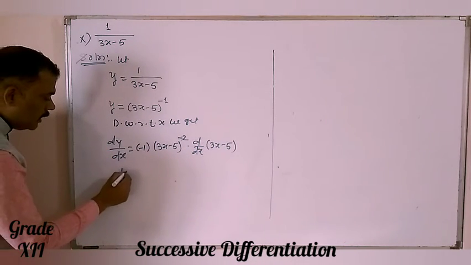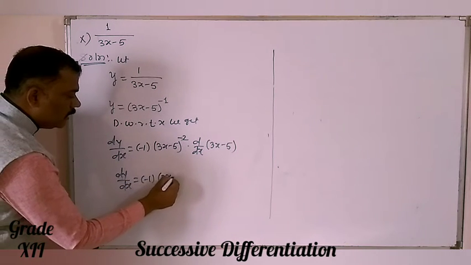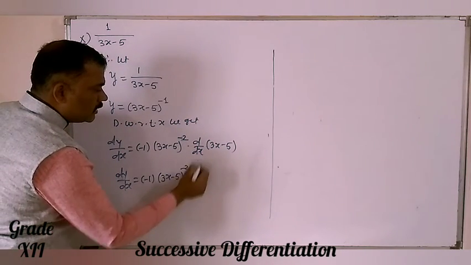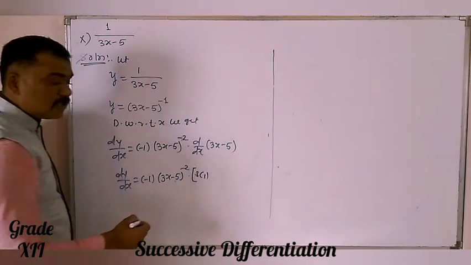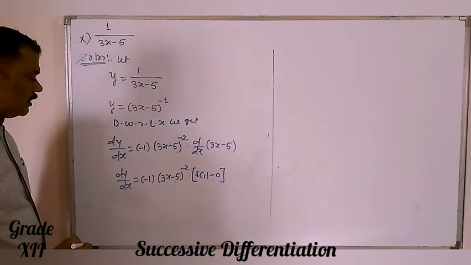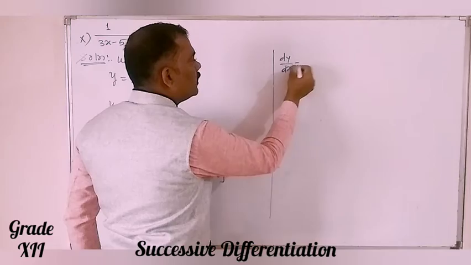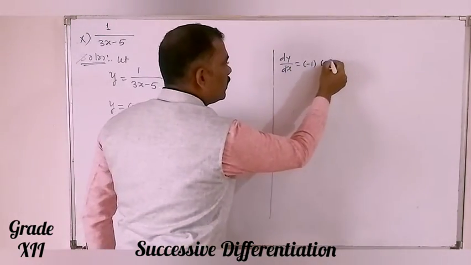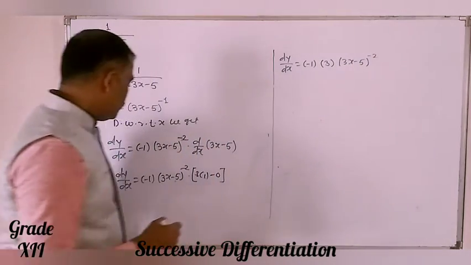That is nothing but dy by dx is equal to minus 1 into (3x minus 5) raised to minus 2 into, what is the derivative? 3 is a constant, we have to take the outside derivative. Differentiation of x with respect to x is 1 minus 0. So that 3 into 1, 3 minus 0, nothing but the 3. So that we get dy by dx is equal to minus 1 into 3 into (3x minus 5) raised to minus 2.